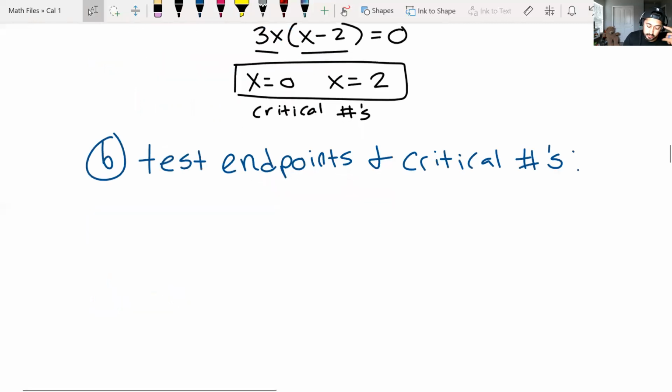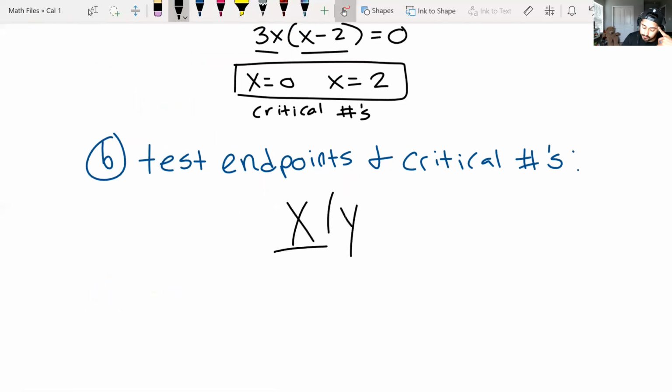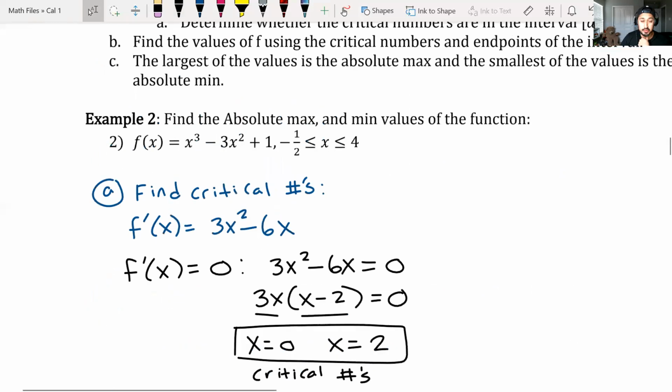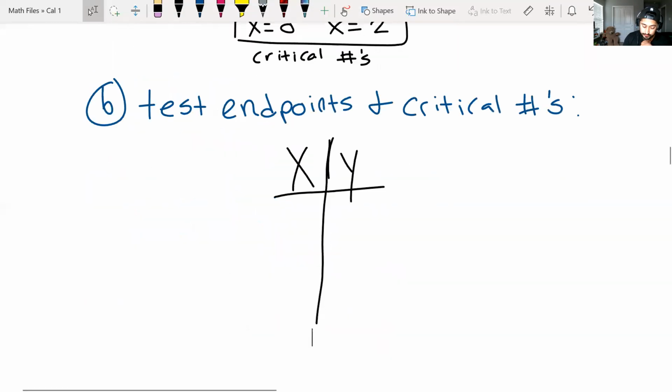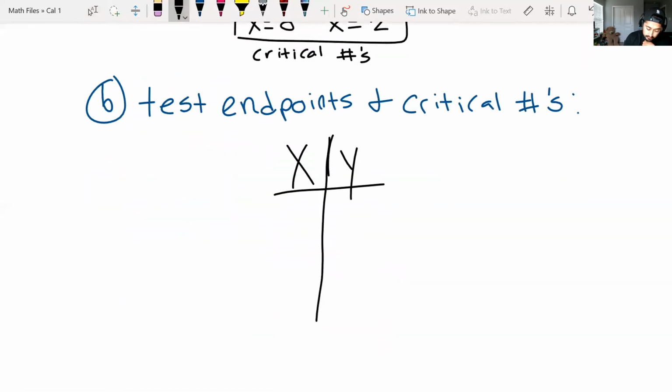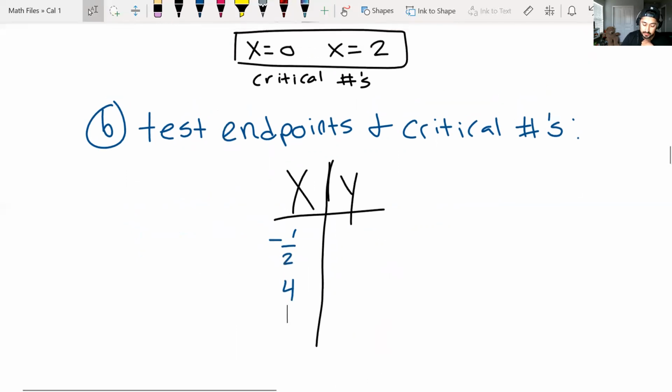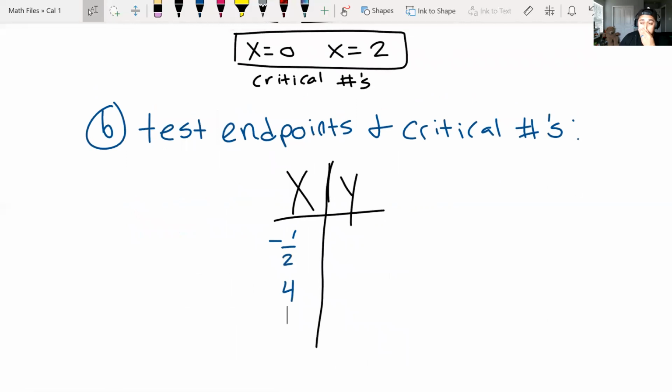And all I'm going to do here is make an XY chart. Here's X, here's Y. I'm first going to put in my endpoints, which were -1/2 and 4. And then I'm going to take a peek at our critical numbers.